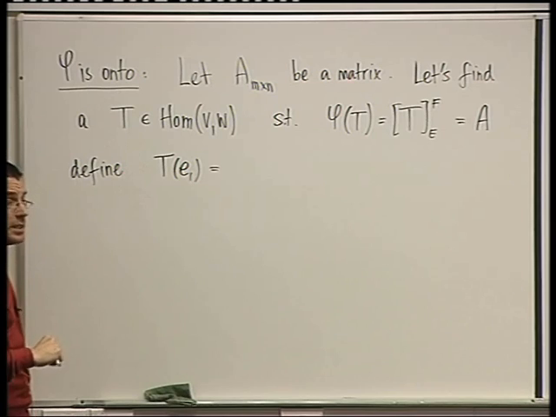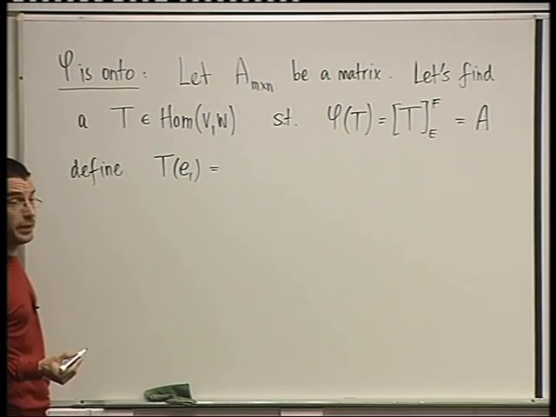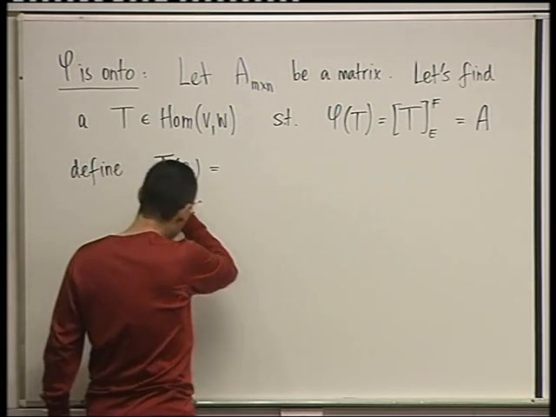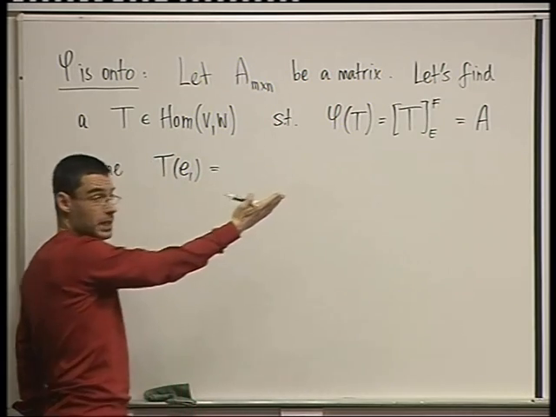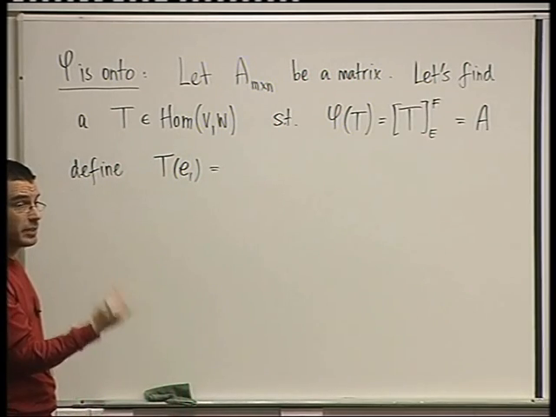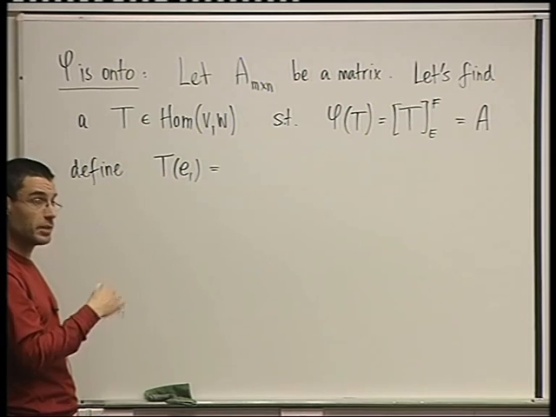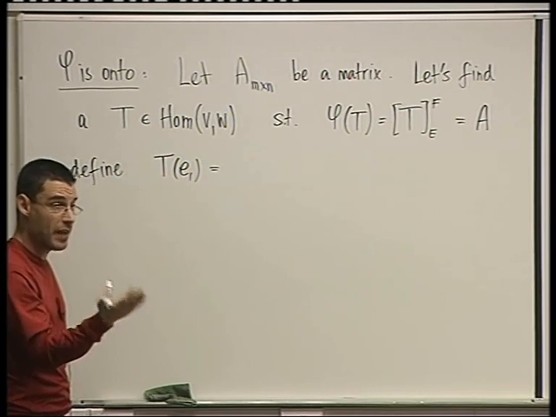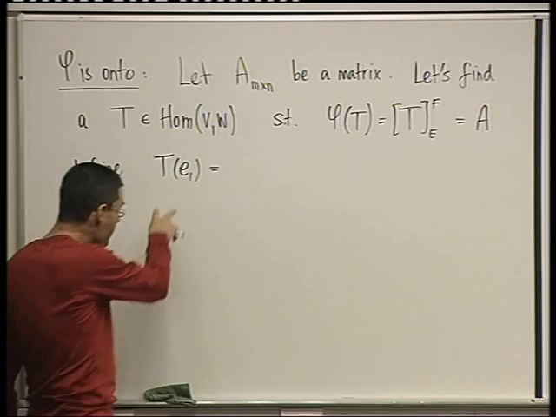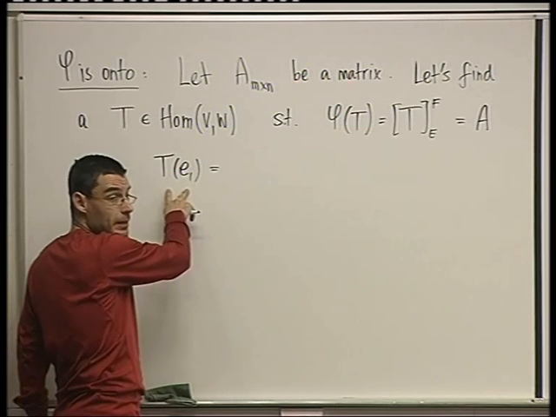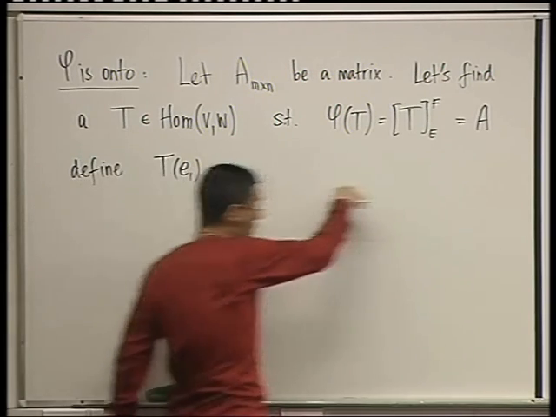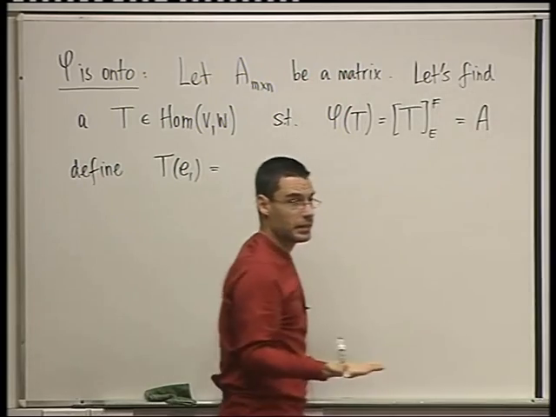I'm going to define a T. What does T do to E1? It writes T of E1 as a linear combination of the little f's, right? Something f1 plus something f2 plus something dot dot dot plus something fm, right? What are these somethings going to be? Well, these are going to be the first column of A, right?